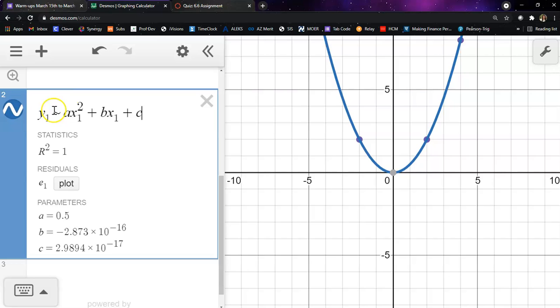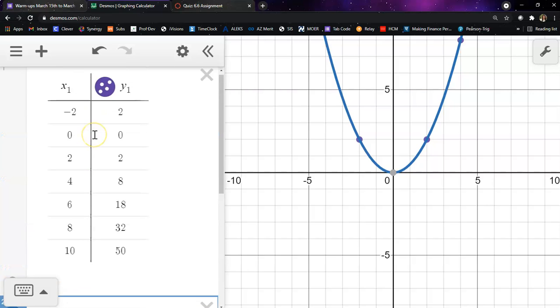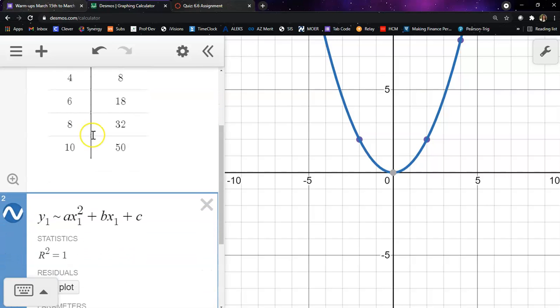Did you type in the same equation as me? Did you get your data points wrong? I'll take a look at this.